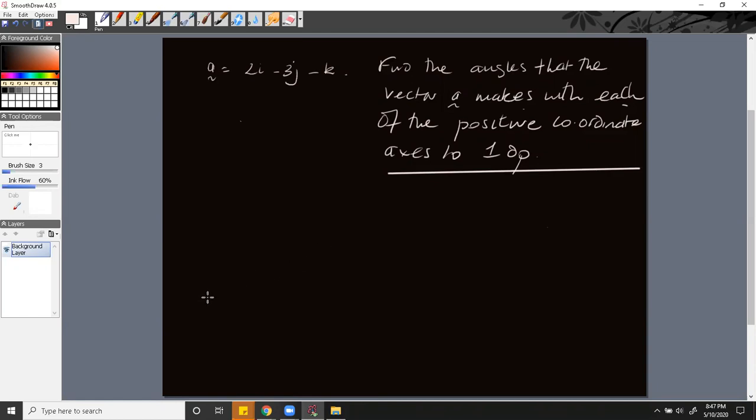So we've got our coordinate axes. I'm just going to do the x and y axis for the time being. Now remember that this is in 3D, so the x and y is like flat on the floor. If you want to find the angle that this vector makes with each of the positive coordinate axes, you know that from here to here is the positive x-axis.